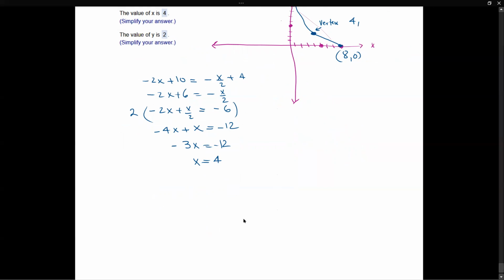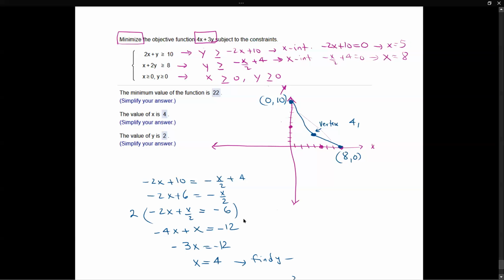And we can go back to any line. We need to find y. So we can go back to any line, 1 or 2. Remember, these others are here, right? So they're not these two.